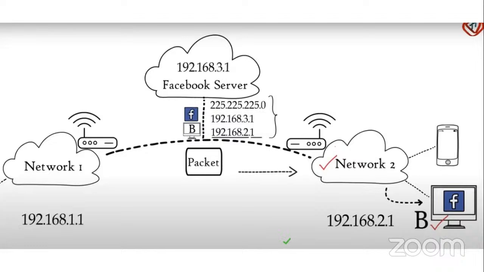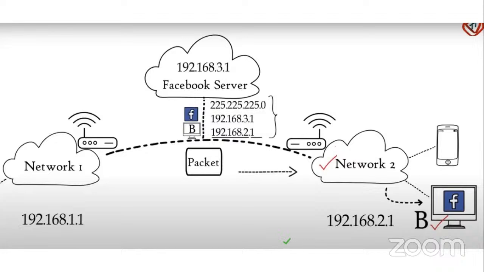So 192.168.3.1 is the IP address of the Facebook server, and 192.168.2.1 is the IP address of system B. That source and destination IP address will be added to the packet.